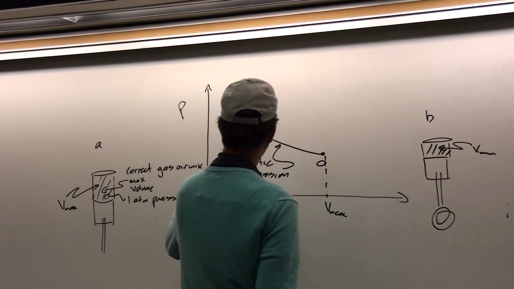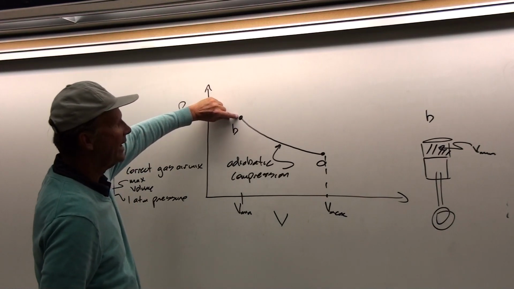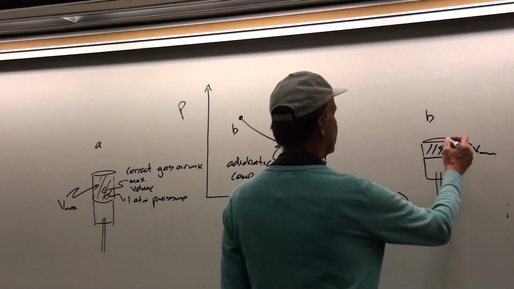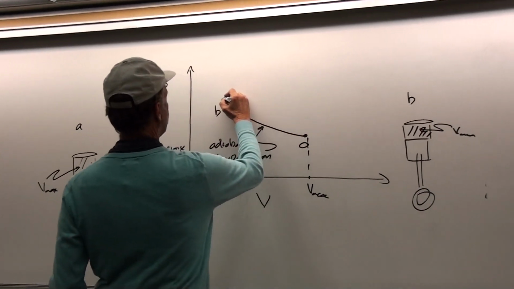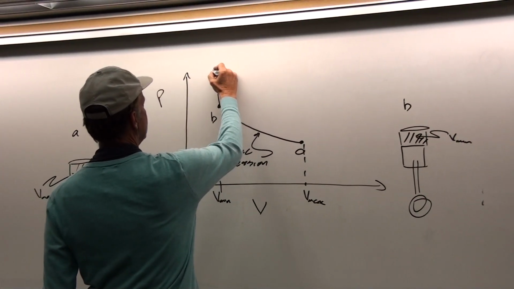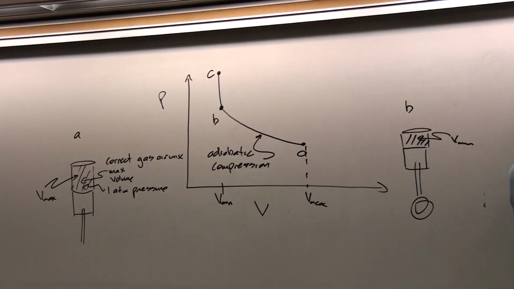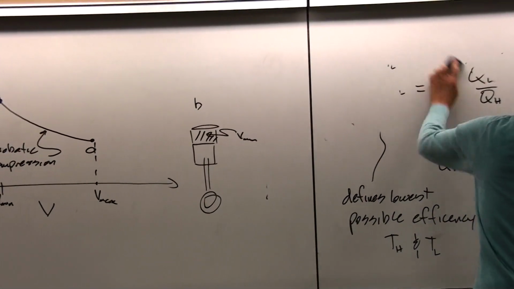And so we've got a much more highly compressed gas-air mixture at point B, and the spark plug is not fired yet. Then we go from B to C, and we have a spark plug in here, and that spark plug fires.